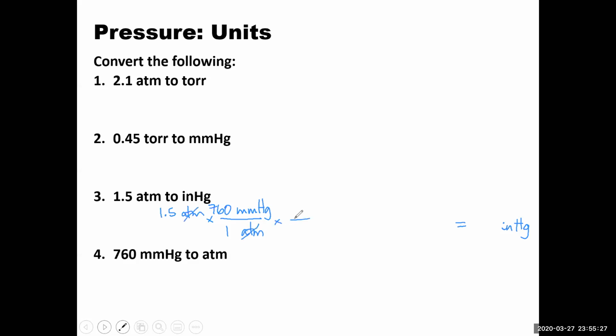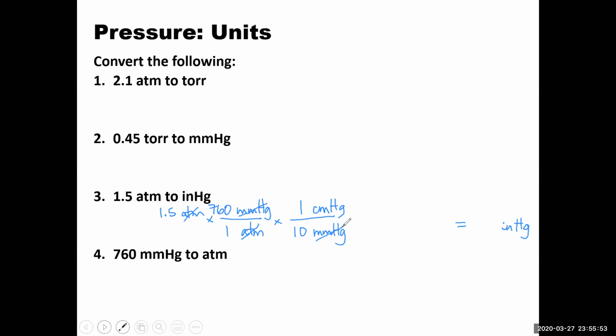Now we want to cancel out our millimeters of mercury, and we can convert our millimeters into centimeters of mercury. We know for every 1 centimeter, we have 10 millimeters. So now we can cancel our millimeters of mercury.